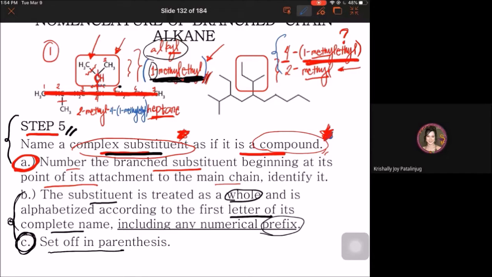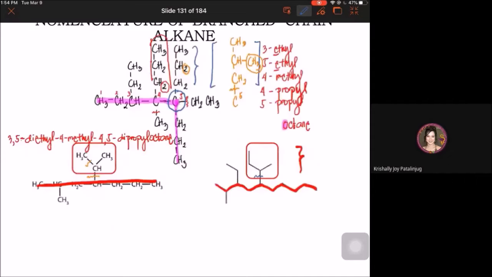Let's go back to the earlier molecule, before this second one. Oh, this one. What we retain are the substituents we listed: carbon 3, retain. Carbon 4 propyl, retain.